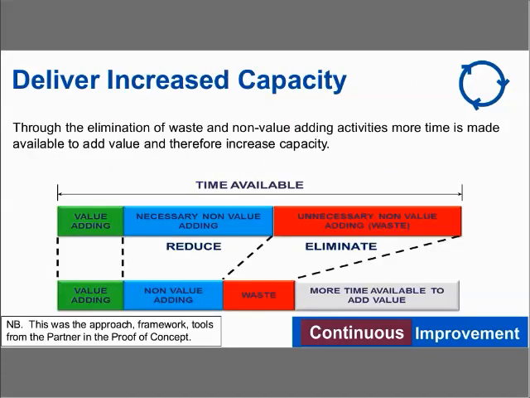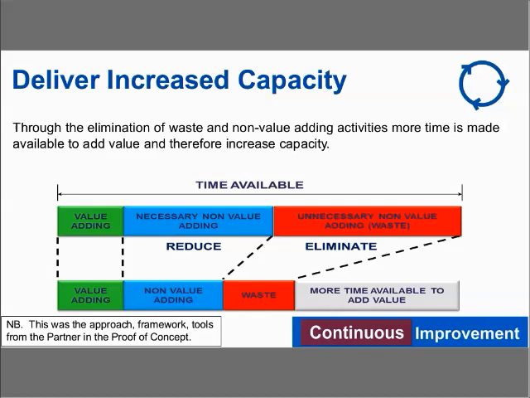So one of the things I noticed when you were putting your comments up there, you talked a lot about waste and duplication of effort. And one of the things that we found when we did the proof of concept was there was a lot of value-add things that people do, the contribution they make to the NHS, to patient care, best value for the taxpayer is absolutely fantastic. But we did identify a number of areas where we might have to do things to get the value add.